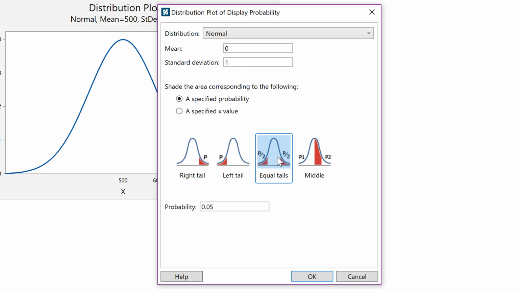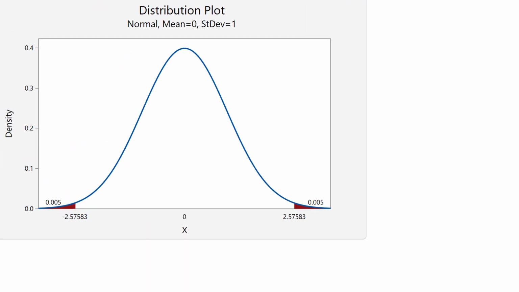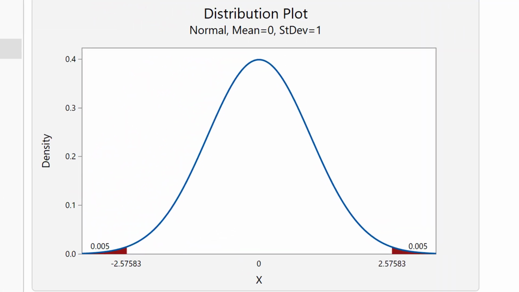Recall that if 99% is in the middle, then 1%, or 0.01, is split equally between the two tails. The z-scores that separate the middle 99% from the outer 1% are plus and minus 2.57583. When we go to construct a 99% confidence interval, these will be our z-multipliers.